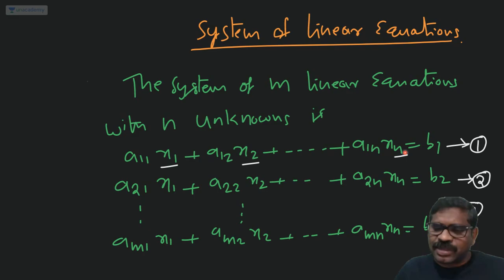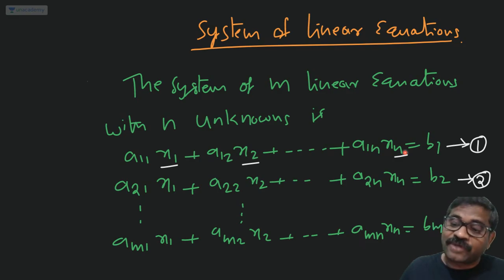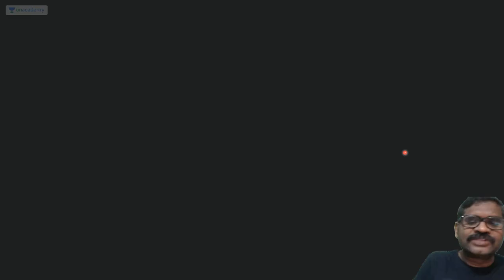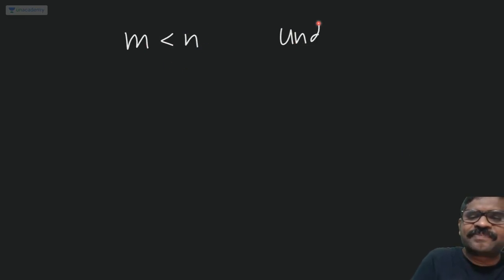The system of m equations with n variables is classified into three categories based on the number of equations and the number of variables. Suppose m less than n, it is an underdetermined system.